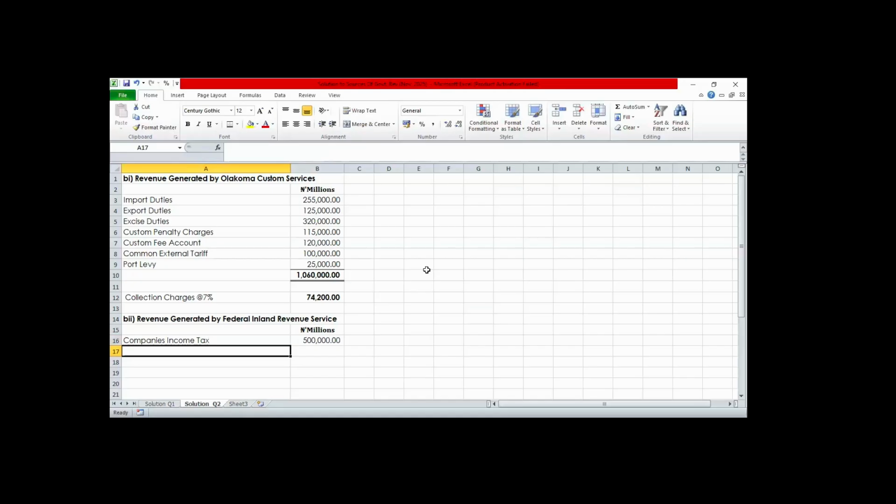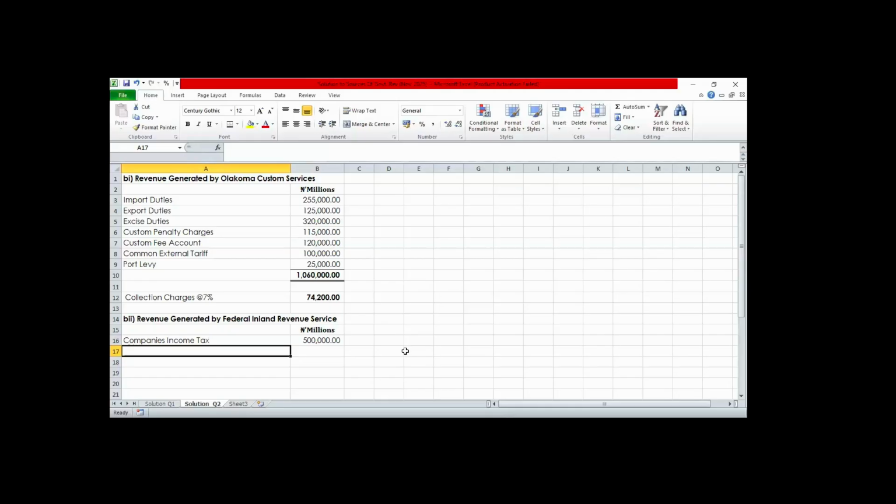We have value added tax. Value added will be added to this, but there is a way we are going to do it. Leave the value added tax for now.